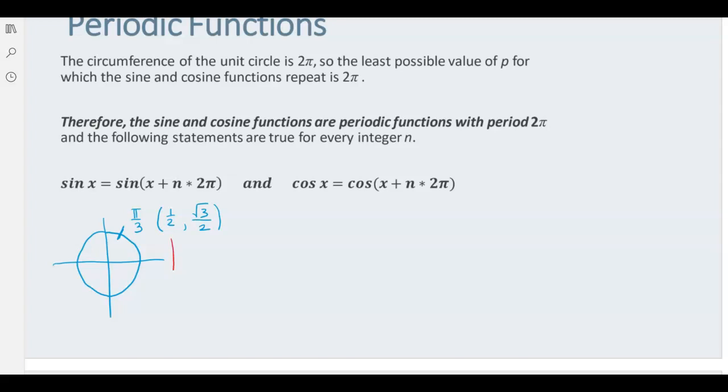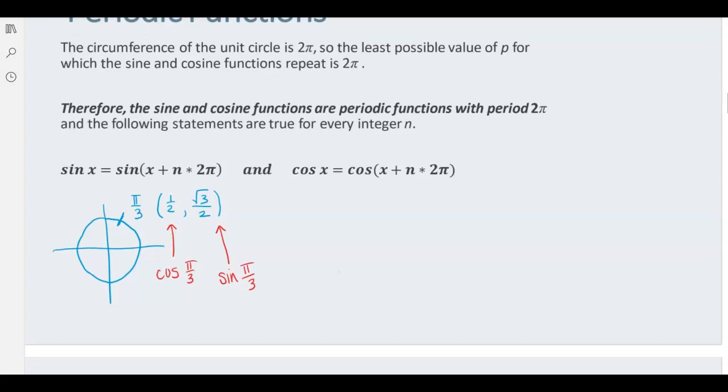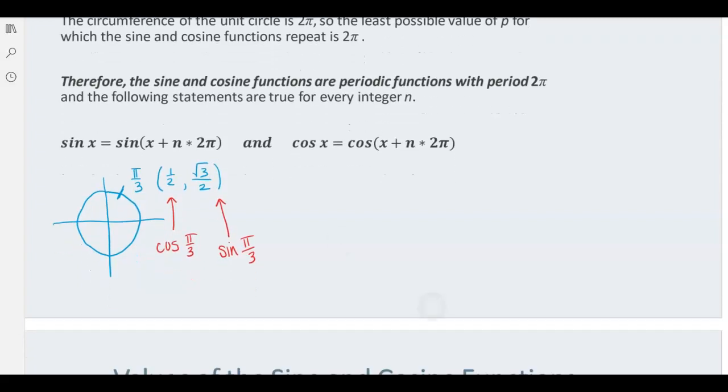Again, this is going to be the cosine value, and this is going to be the sine value. Add 2 pi to that number. Let's think about pi over 3 plus 2 pi, or pi over 3 plus, let's put this as 6 pi over 3. I'm making them the same denominator. This is 7 pi over 3.